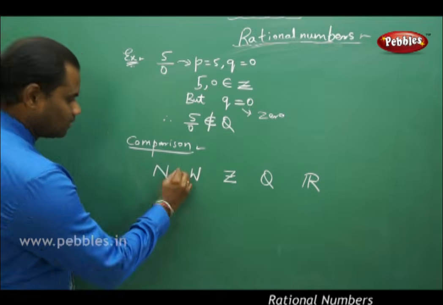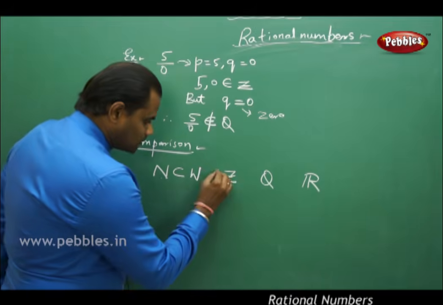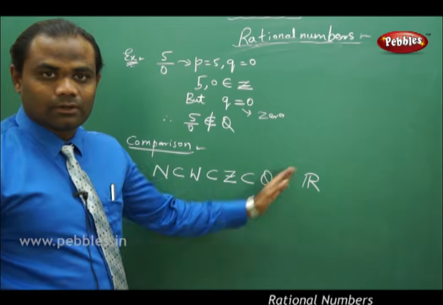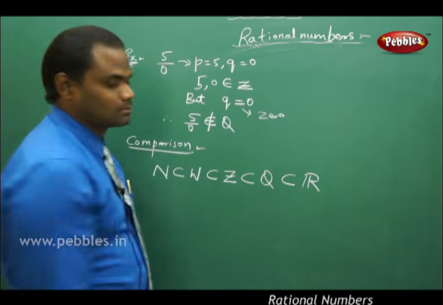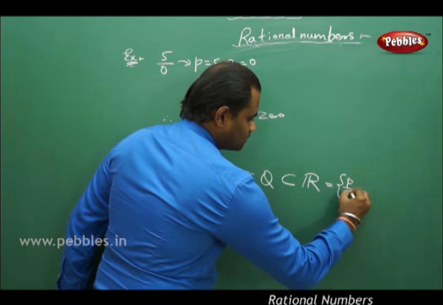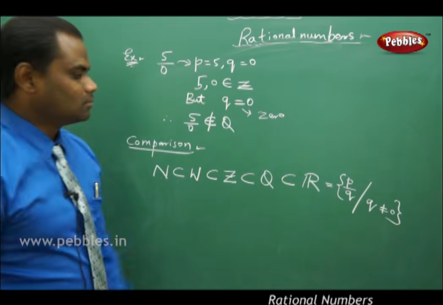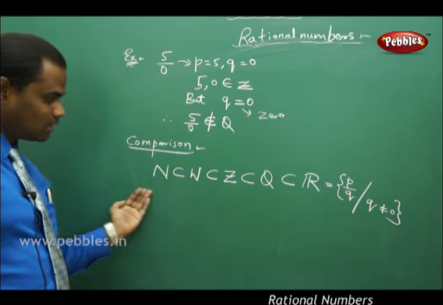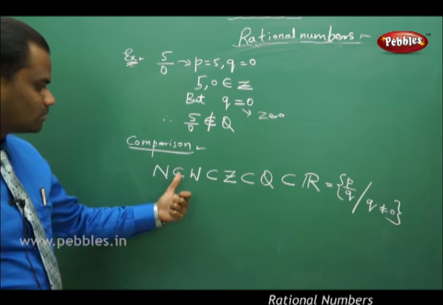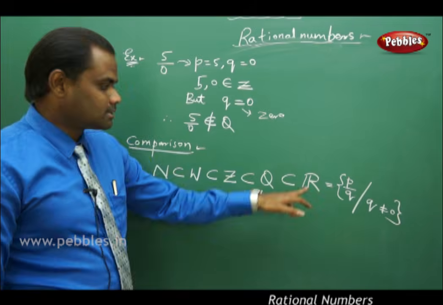So I understand that all natural numbers are a subset of whole numbers, and all whole numbers are a subset of integers, and all integers are a subset of rational numbers, and all rational numbers are a subset of real numbers. The rational numbers are all numbers in the form p by q such that q is not equal to 0. This is the definition of rational numbers. So this is how I relate all the sets of numbers in mathematics. Natural numbers are always a subset of W, subset of Z, subset of Q, subset of R, where R stands for real numbers.